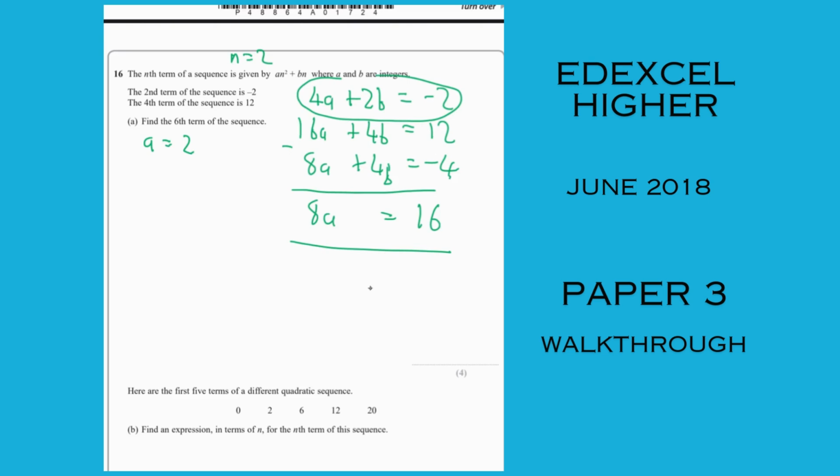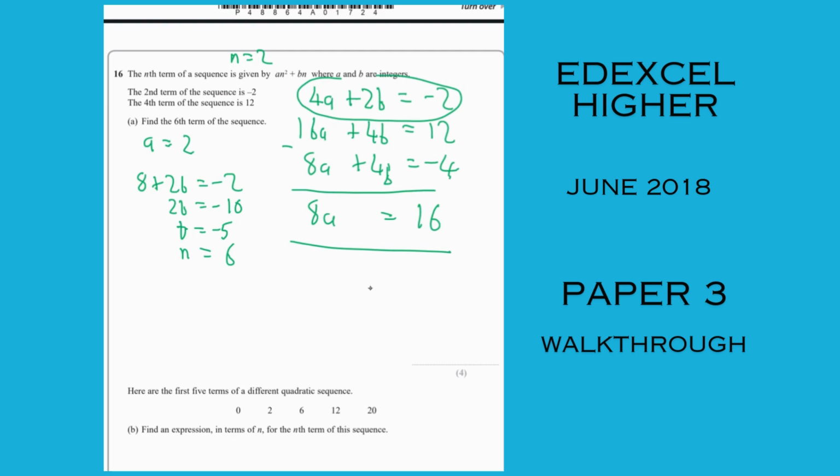Let's take that top equation. So 8 plus 2b is -2. So obviously we're going to take away 8 from both sides. B is -5. We've got A and B. Haven't finished yet because it says find the 6th term. So we know A, we know B, and we know N. Let's stick them all in.